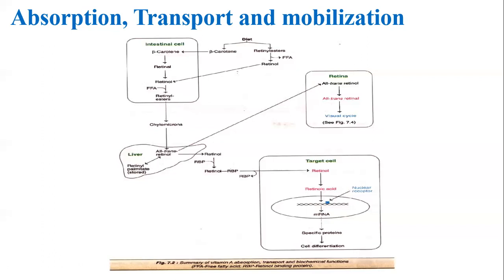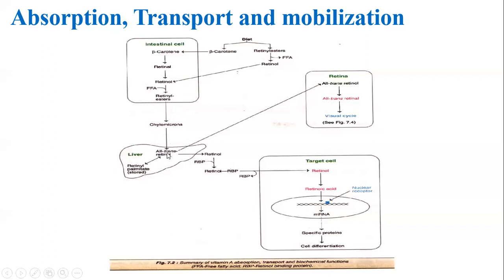Because they are fat soluble, they cannot be transferred in the bloodstream. That's why they require chylomicrons for their transport. The chylomicrons transport the retinyl esters into the liver, and in the liver, the storage form is retinyl palmitate.